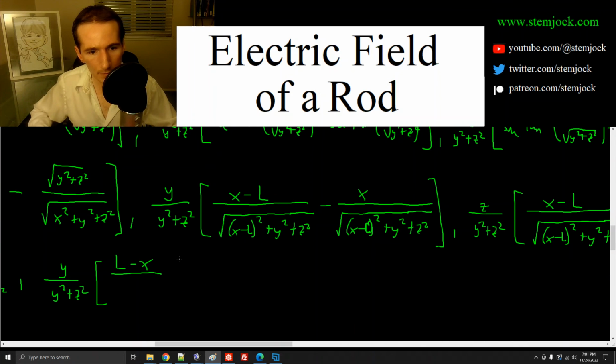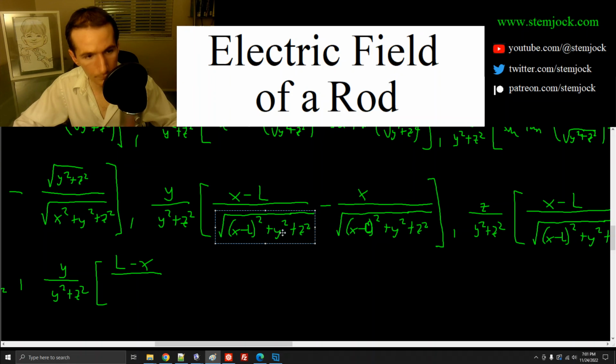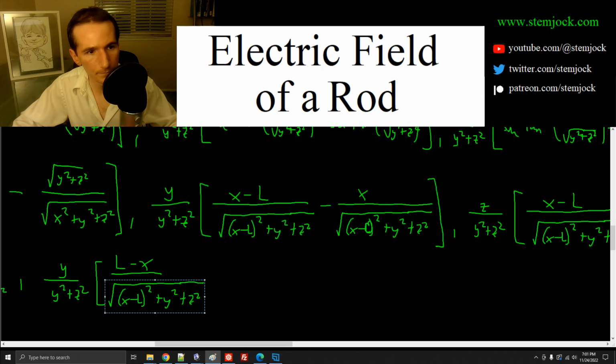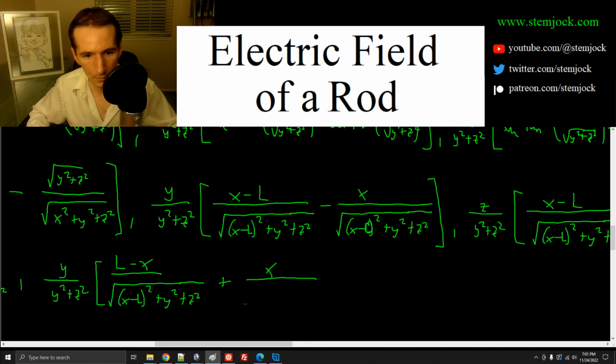Right, so L minus x over all of this here, and now plus x over the square root of x squared plus y squared plus z squared.